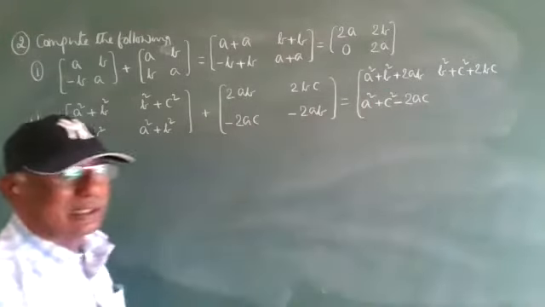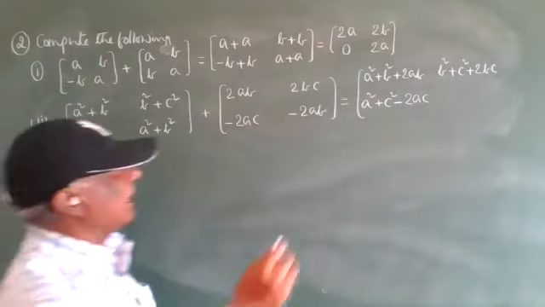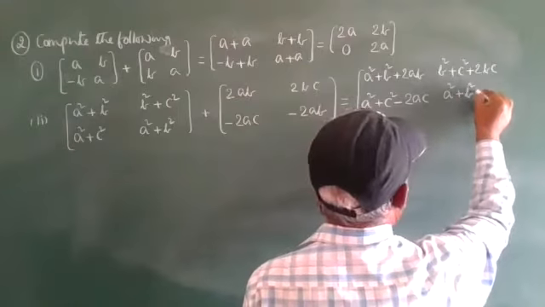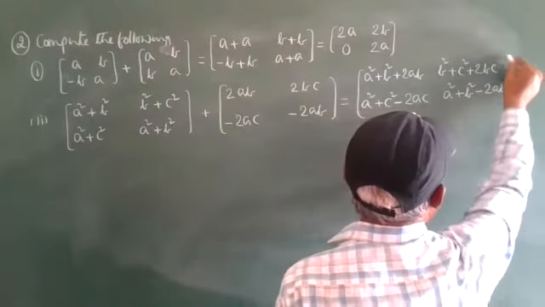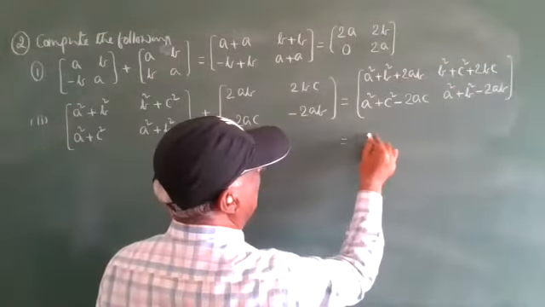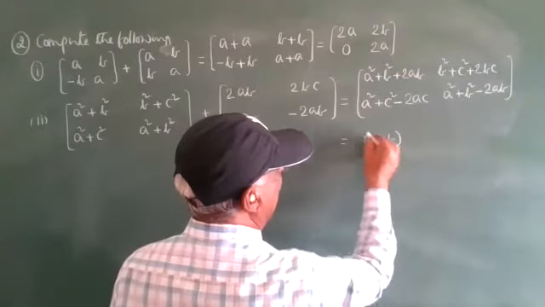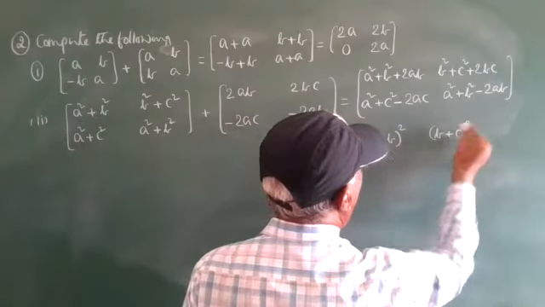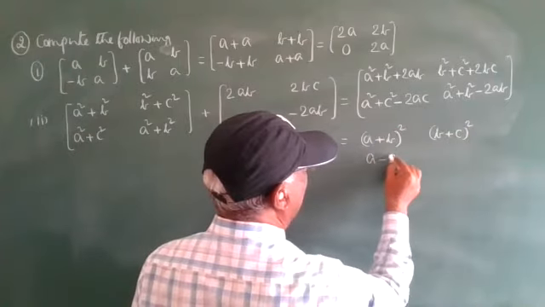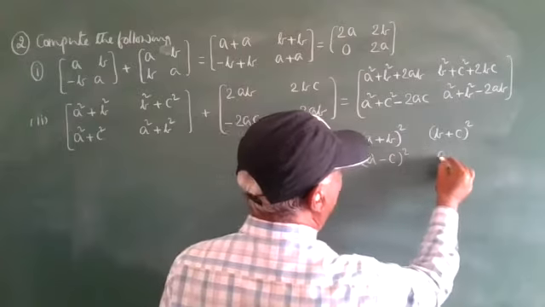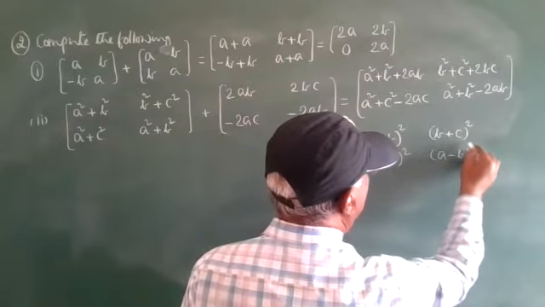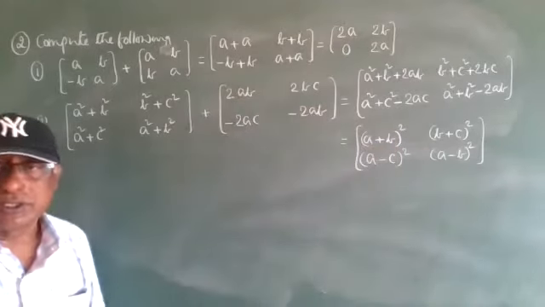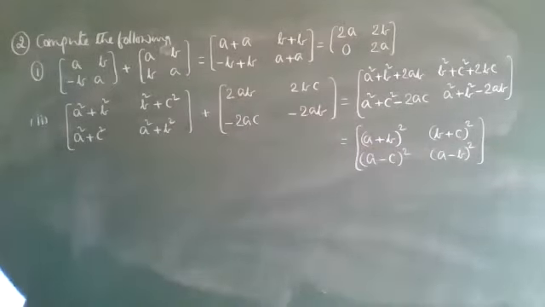Fourth element added with the fourth element, a square plus b square minus 2ab. This is the formula of a plus b whole square. This is the formula of b plus c whole square. This is the formula of a minus c whole square. This is the formula of a minus b whole square. Addition is completed.